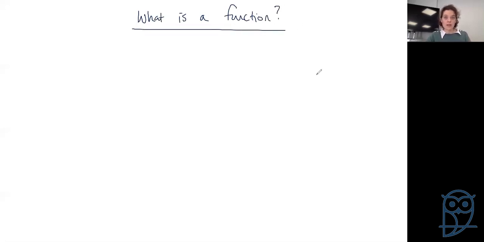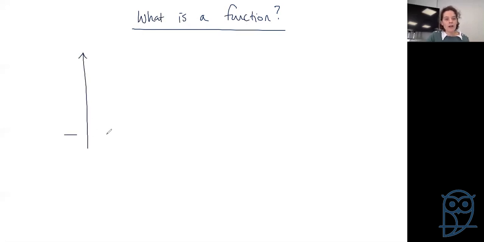So first off, we need to talk about what is a function. In the lesson for this is a whole entire lesson just on what we're going to talk about for the next few minutes. There's all the different types of mapping. But what we pull out from that lesson is that there's two types of mappings that make a function.